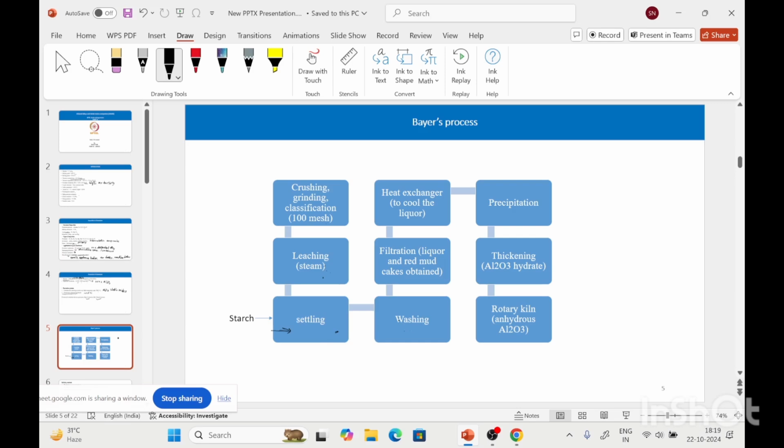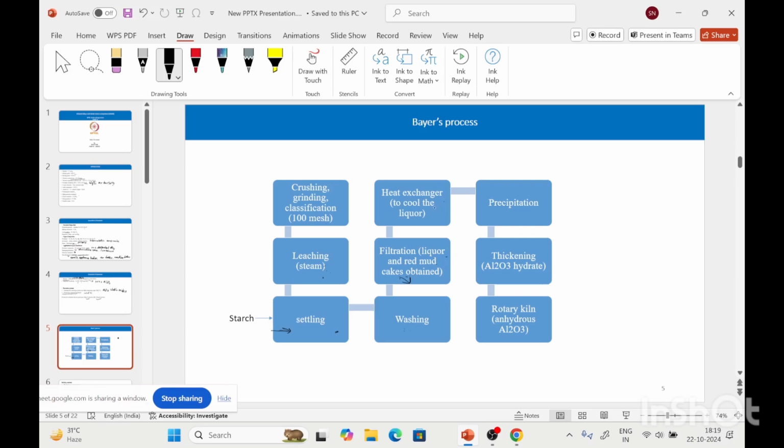After washing, the filtration of the ore particles is done, in which a liquor is obtained with red mud cakes. Red mud cakes are the secondary product and are not in use. The liquor is further fed to the heat exchanger.